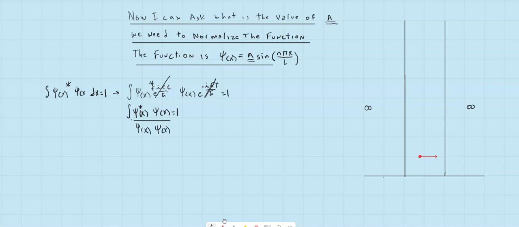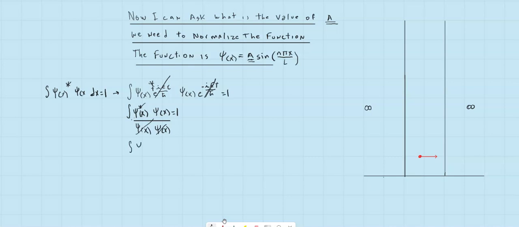But look, we don't need anything of this in the bottom right here, because we don't have any complex number over here. We don't have any i's or anything, so we can get rid of all of this right here. We can even get rid of the star right here, and we could write this as this right here.